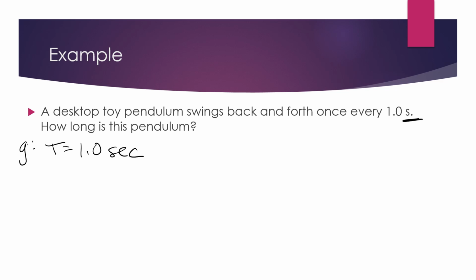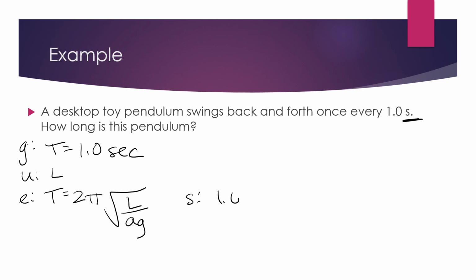That tells me it's not in seconds to the -1 or hertz, so I know it's not frequency, it has to be period. So I want to know what L is, and my equation is T equals 2 pi times the square root of L over a sub g. All right, so I know what period is, 1.0, and I have 2 pi times the square root of L over 9.8.